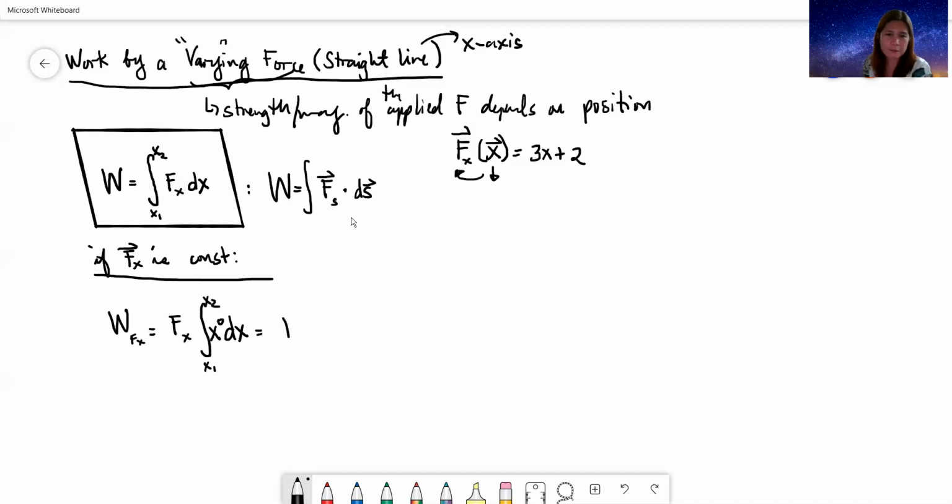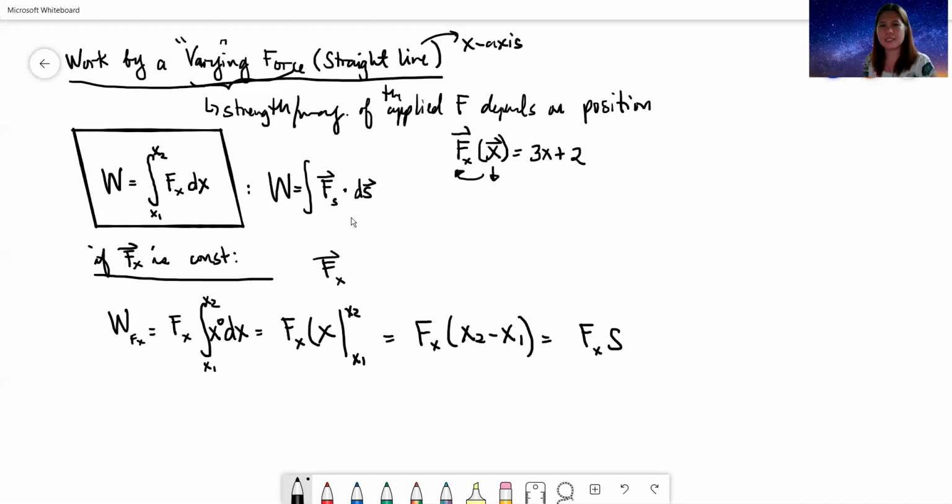If we further simplify, this becomes Fx, and the integral of dx is just x, with limits from initial position to final position. So further simplifying, this becomes Fx times the upper limit minus the lower limit. That gives what we already know, Fx along the displacement s. So that's for a generic constant Fx, which is what we saw earlier.